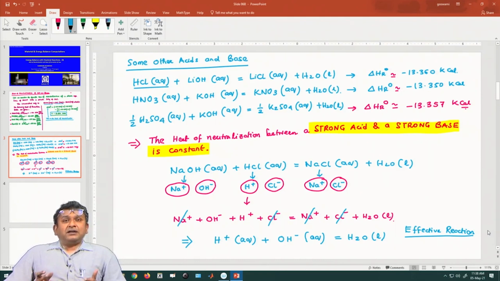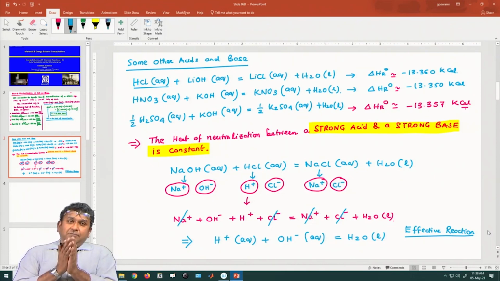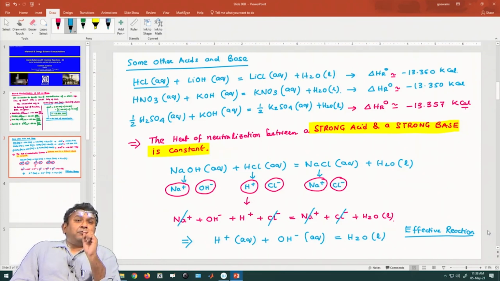So, can we conclude anything if you have a weak base, weak acid or whatever? You can have either a weak base and a weak acid, or a weak base and a strong acid. But the moment you have one of the components which is weak, it does not fully dissociate, it undergoes partial dissociation.